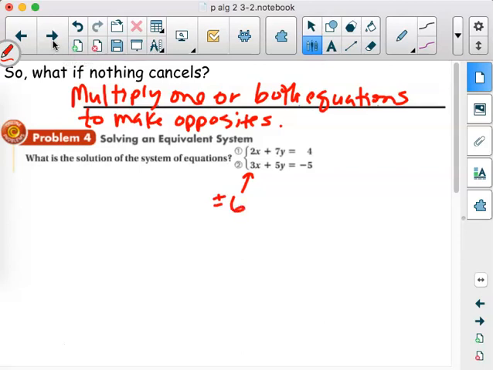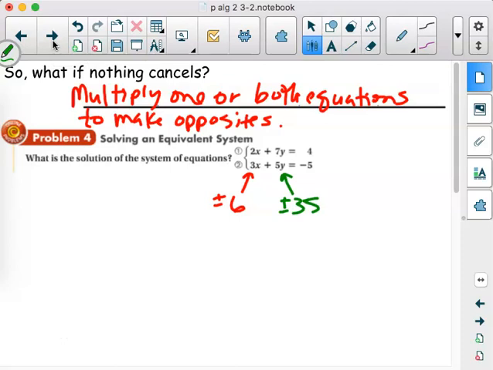If I decided to go after the y's and make those opposites with a 5 and a 7, ooh, the smallest one I'd be able to do would be 35. Now, we could do it either way. In fact, we could pick bigger numbers than that, but what you want to do is make it the easiest method possible so that you're less likely to make mistakes.